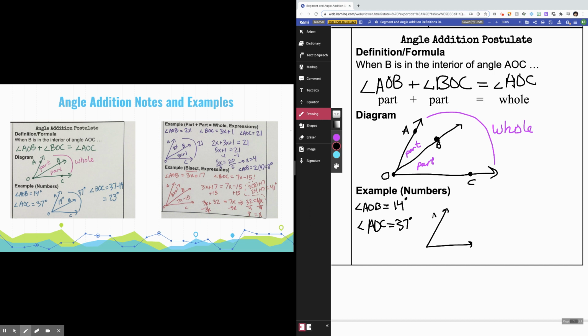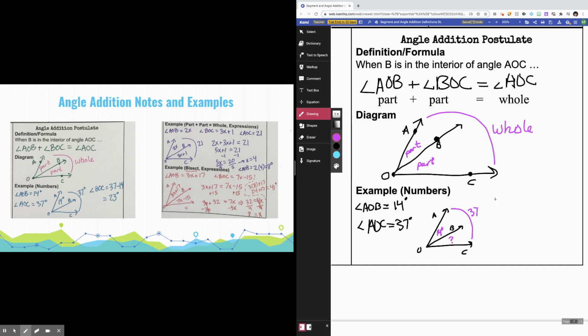So you have AOC, and then you have B in the middle. They said AOB is 14, so this right here is 14. And then AOC, the whole thing, has to equal 37. And this is what I don't know.